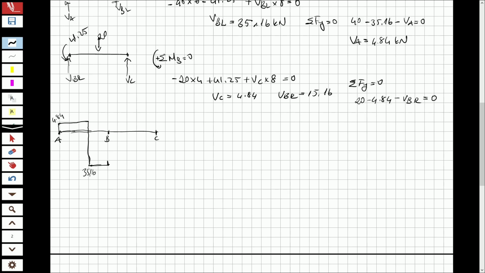When I subtract the summation of VB right and VB left from 35.16, I will obtain 15.2, and I will go up to 15.2. I'm sorry, I can't draw well. I will go on with the same value until the force acts.